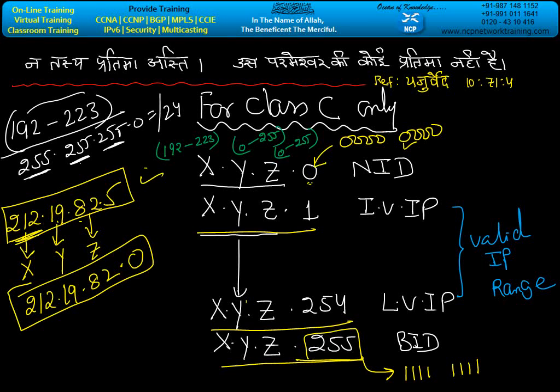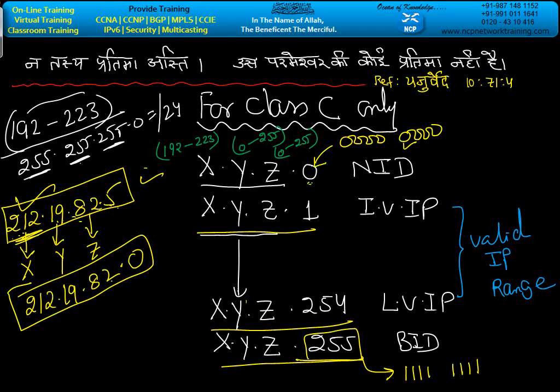What will be the broadcast ID for this number? Because X, Y, Z will remain constant. For this number 212.19.82.5, I am asking what will be the broadcast ID. Just give me the number.